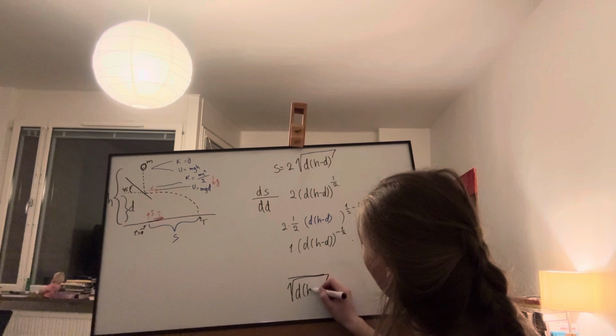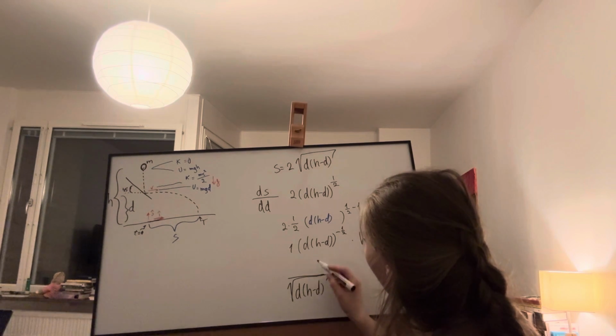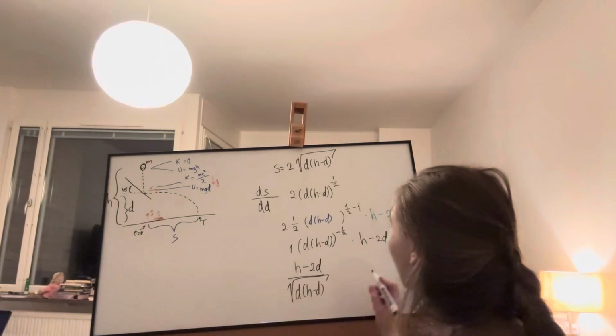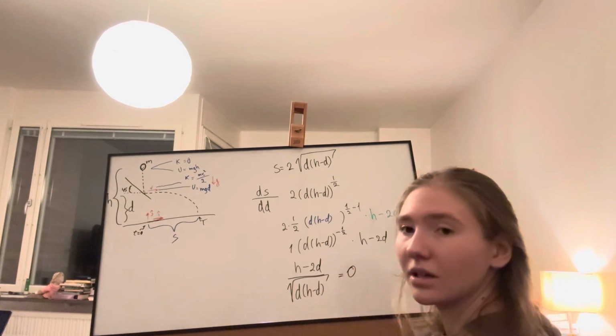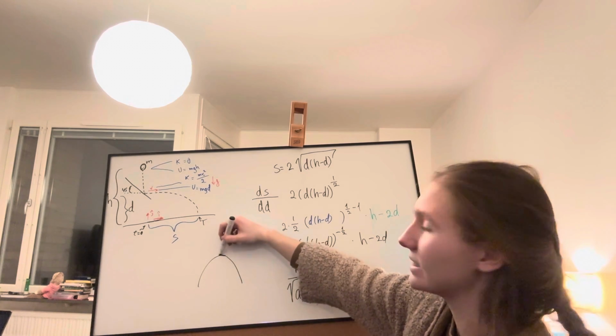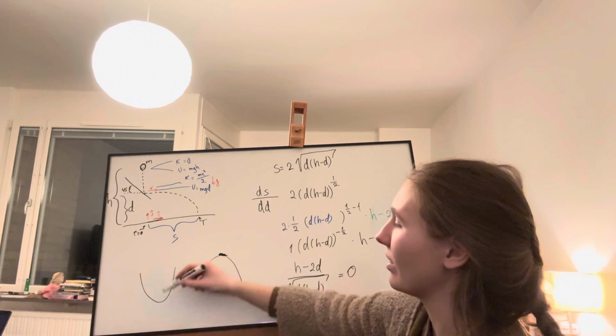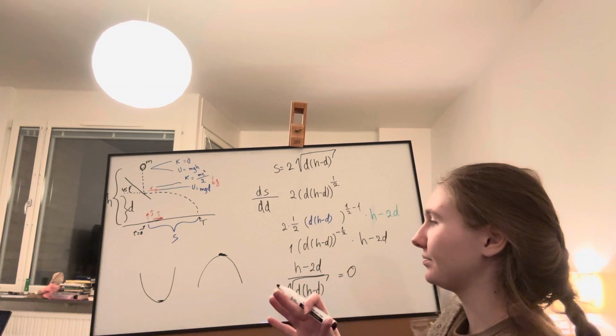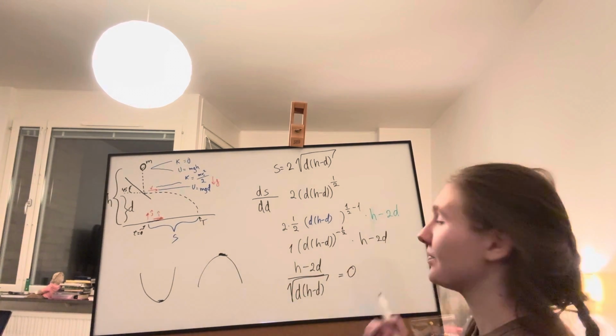We set it to 0 because when we have the maximum or a minimum, but in this case it's a maximum, the derivative is not growing, so we set it equal to 0.